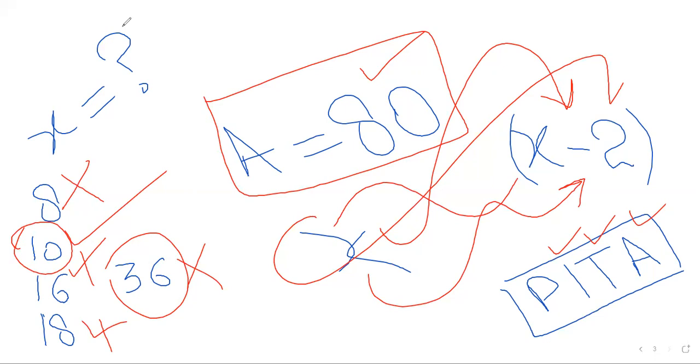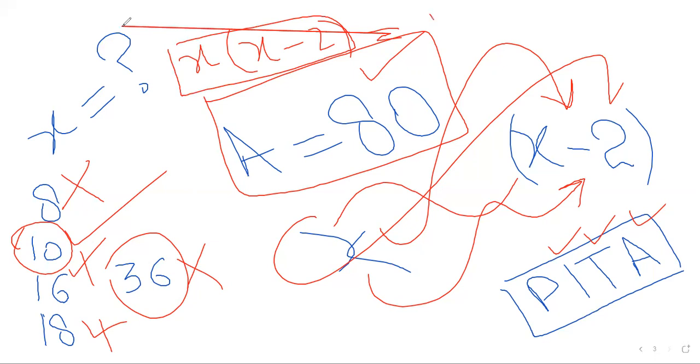We know that area is the length times the width. So putting in the values, the only one where 80 fits is 10 for the length and 8 for the width, and we get 80. So PITA is a technique.